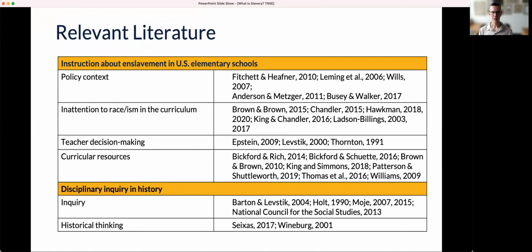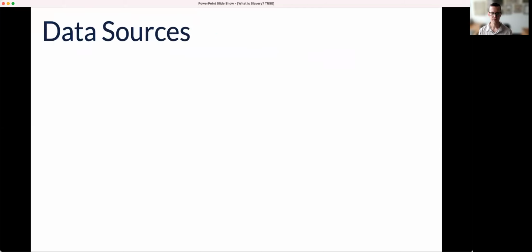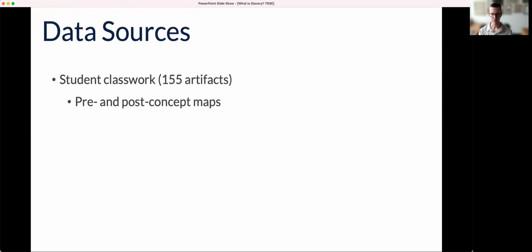In addition to relying on the Teaching Hard History report, I also relied on some relevant literature in social studies education. This included existing literature about teaching enslavement in US elementary schools, as well as disciplinary inquiry and history. My data sources for the study included students' classwork, about 155 pieces total.